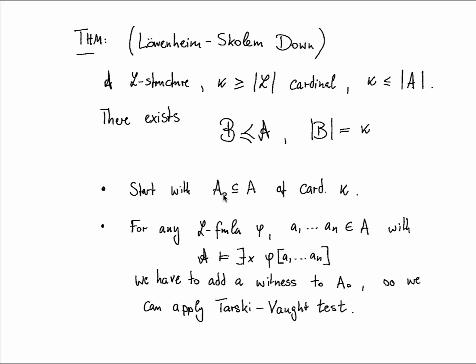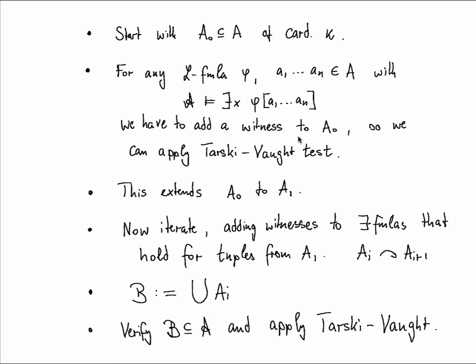Now we try to construct an elementary substructure by satisfying the Tarski-Vaught conditions: for any formula and tuple from A0 such that A satisfies the existential formula, we have to add a witness. So we extend A0 to A1 by adding the necessary witnesses for the Tarski-Vaught test.